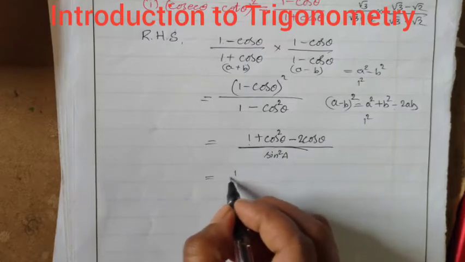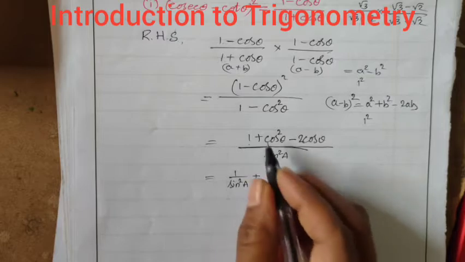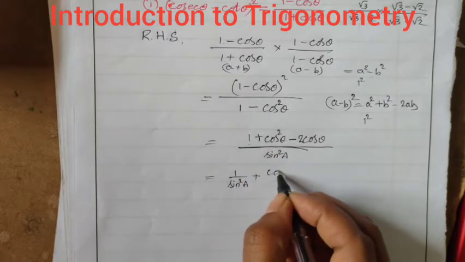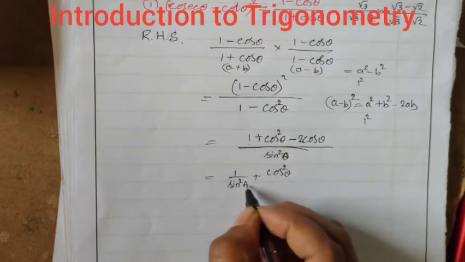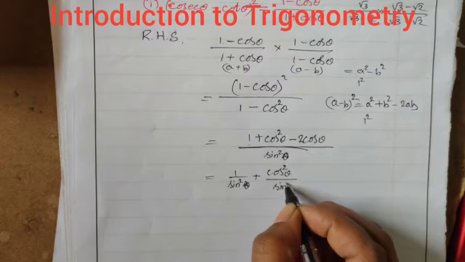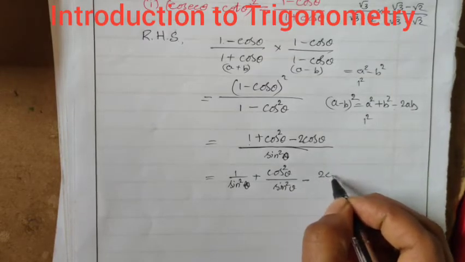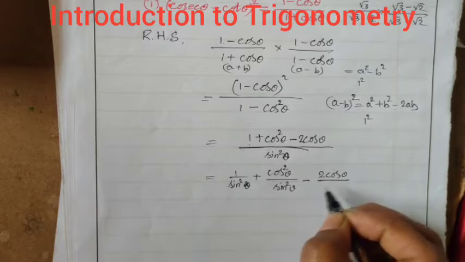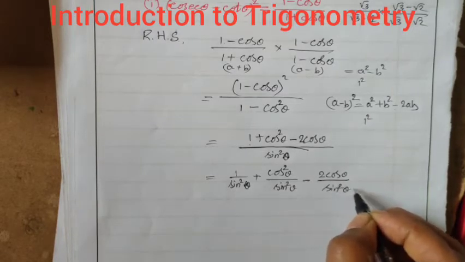1 by sin square theta, plus cos square theta divided by sin square theta, minus 2 cos theta divided by sin square theta.